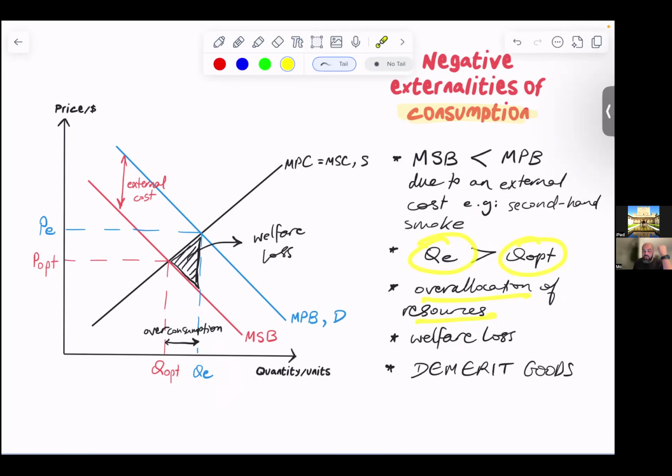There's an over-allocation of resources that manifests as overconsumption. This creates a welfare loss, which is this triangle here, pointing from QE to Q opt. And negative externalities of consumption are associated with demerit goods, which are goods and services that are harmful to the rest of society when they are consumed, like alcohol, cigarettes, gambling, etc.